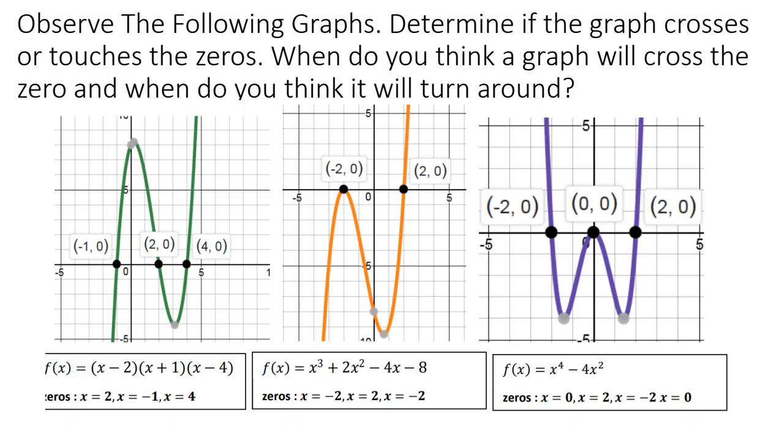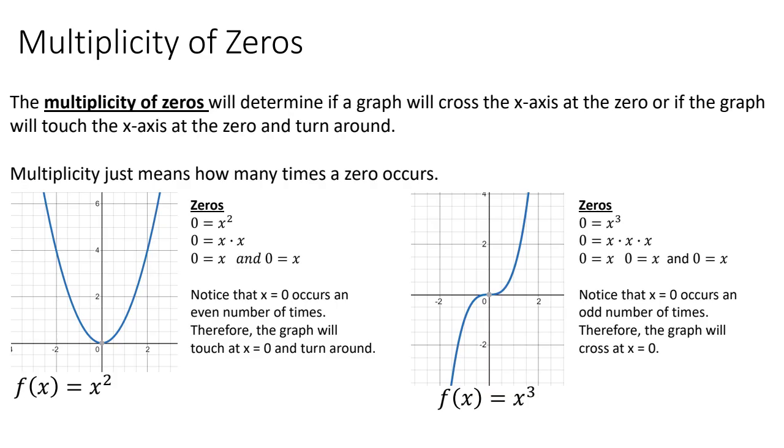Okay, now this is what I was mentioning to you. The multiplicity of zeros will determine whether the graph crosses the x-axis or if it just touches it and turns around. So for instance, going back to my quadratic, its vertex is at 0, 0, but it touched a 0 and then it changed directions. So here, my 0 counts twice.